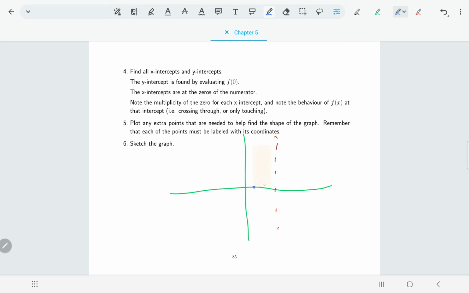Are we going up or are we going down? And one of those will be impossible, and we'll be able to figure out based on our other clues that we have, other intercepts, other points on the graph, other asymptotes, which is the correct option for our graph.